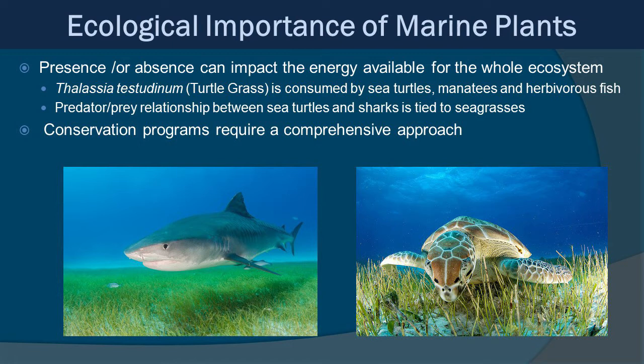And this is a problem, of course, in terms of some of our recent manatee deaths. There's also this predator-prey relationship between sea turtles and sharks that is also tied up into seagrasses. Now, when we look at conservation programs, we have to look at a comprehensive approach that takes into account the complexities of the interrelationships found between seagrasses and other species.